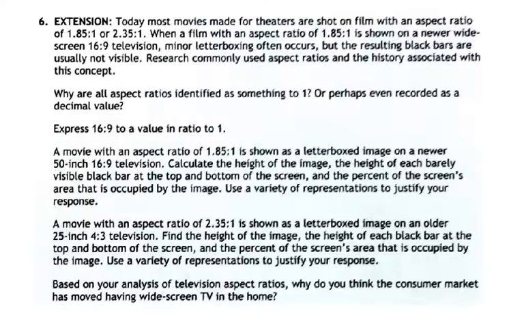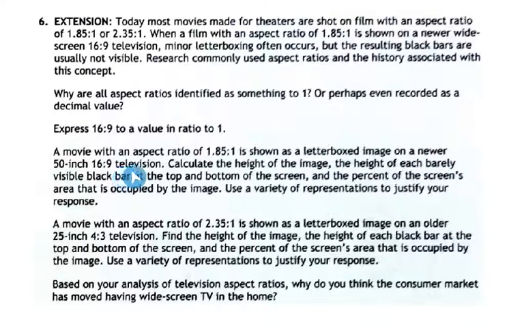So if we look at question 6 here, today most theaters have aspect ratios of 1.85 to 1 or 2.35 to 1, and the widescreen television is 16 to 9, and the old full screen television is 4 to 3. So what we have to do is see how big the letterbox images are.